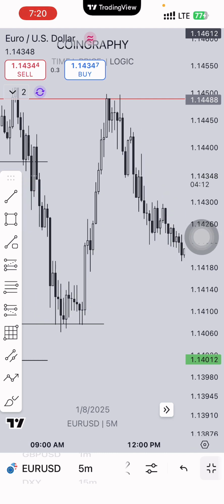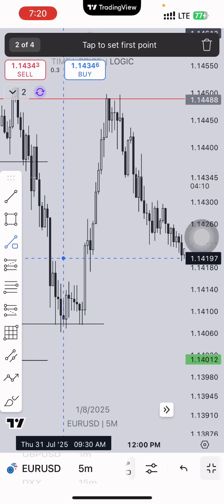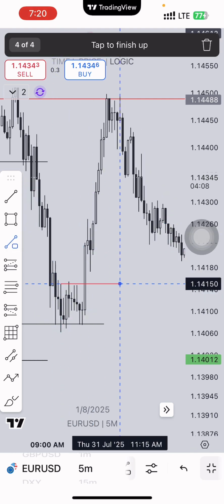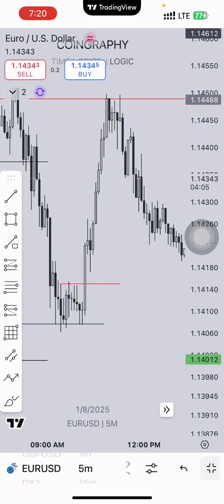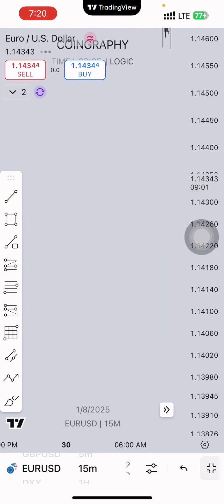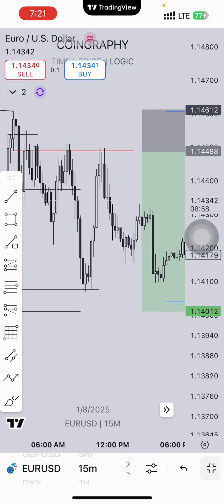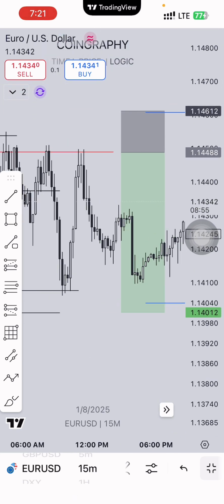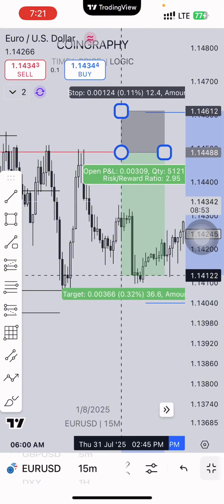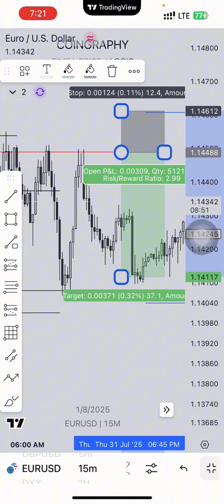And then we also had the CISD with that consolidation, so that gave me a sign to exit the market. That was why I exited this market with 2.99R.